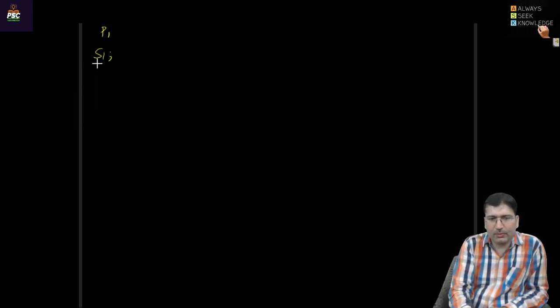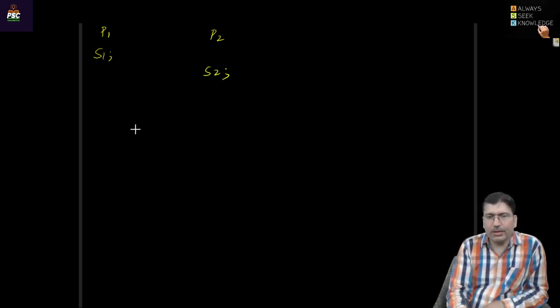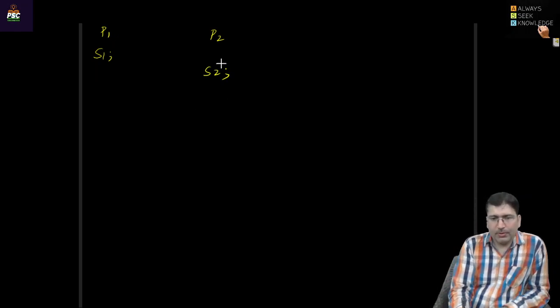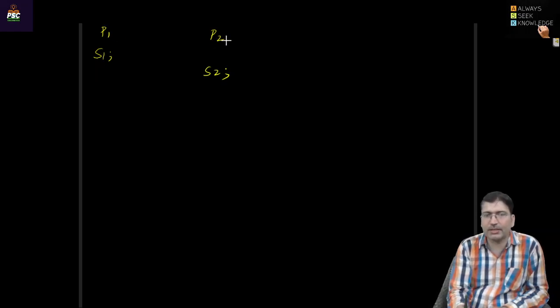Process P1 has one statement S1 and process P2 has a statement S2. Now we want to synchronize. What we actually want is that before execution of S2, S1 must be executed, although these two processes P1 and P2 are executing concurrently.